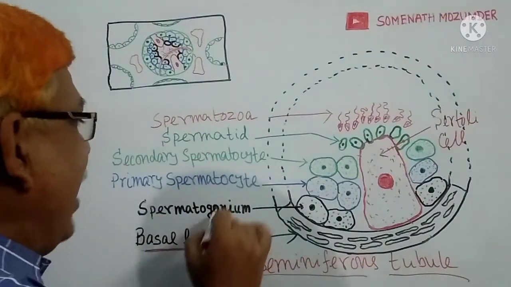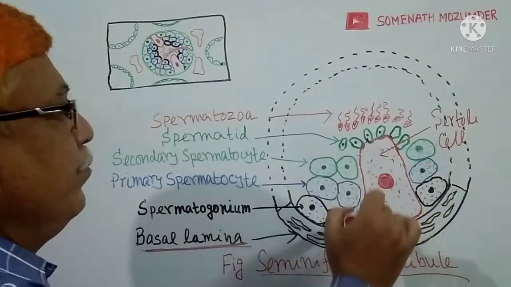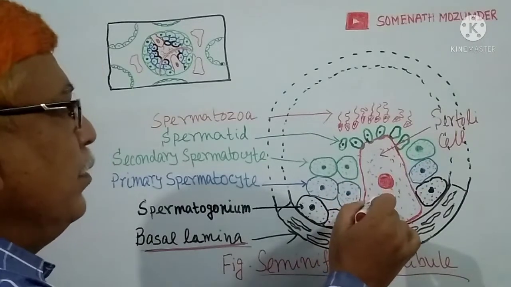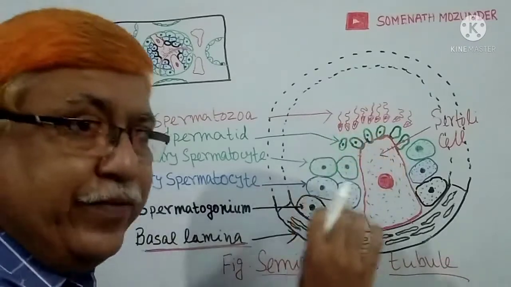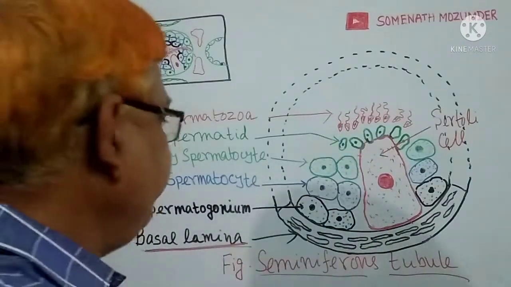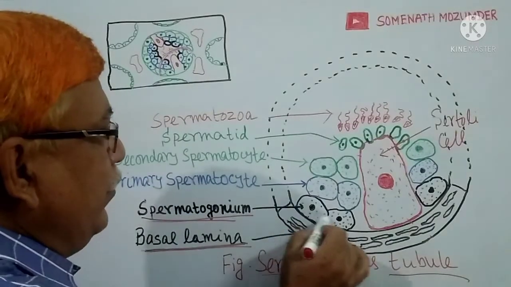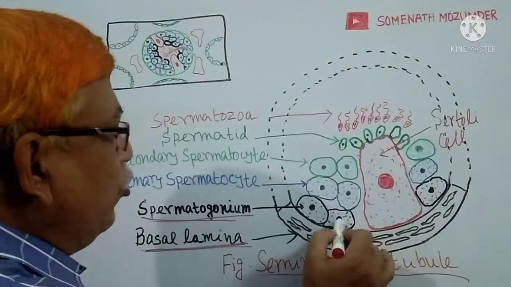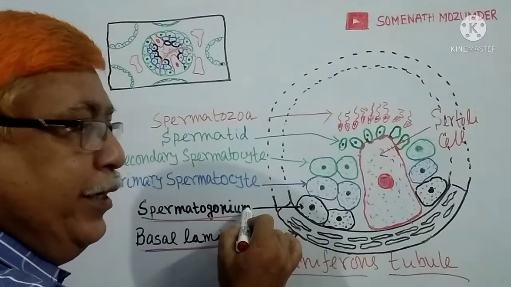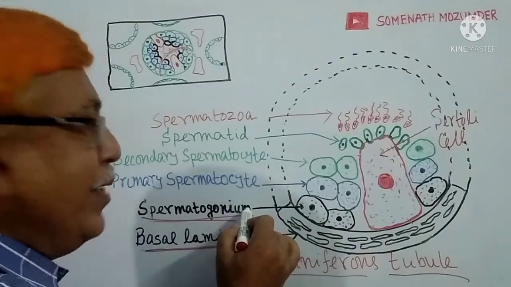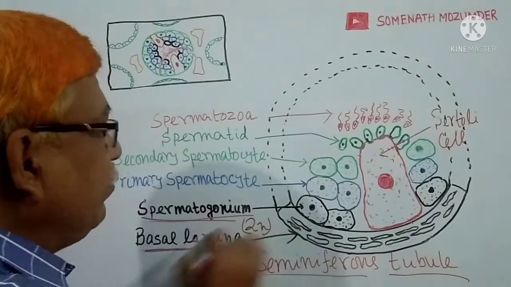Different types of germinal cells are present from outside towards the lumen. They are spermatogonia. This is one spermatogonium. It is also called sperm mother cell and is diploid in nature.